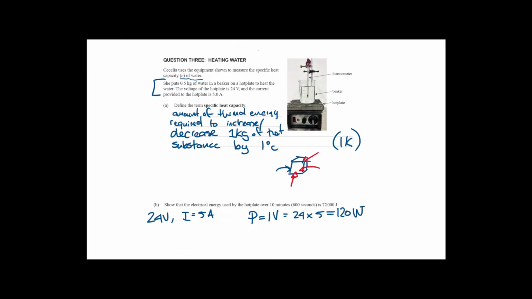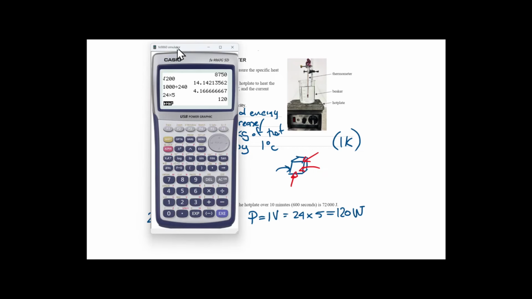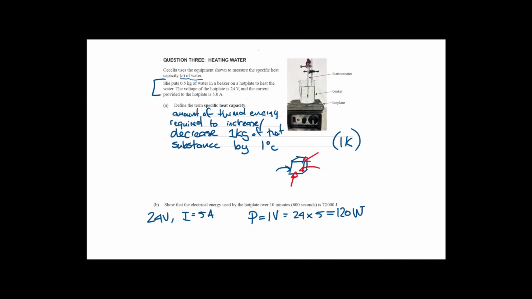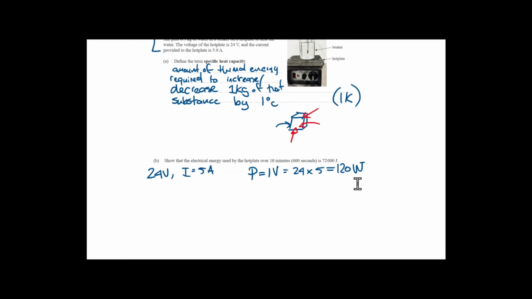But what is a watt? A watt is the amount of energy that it uses per second. So to work out the amount of work that it's going to do, the amount of energy it's going to expend, the work that's done is going to be the power times the time. So it's going to be 120 watts times 600 seconds.